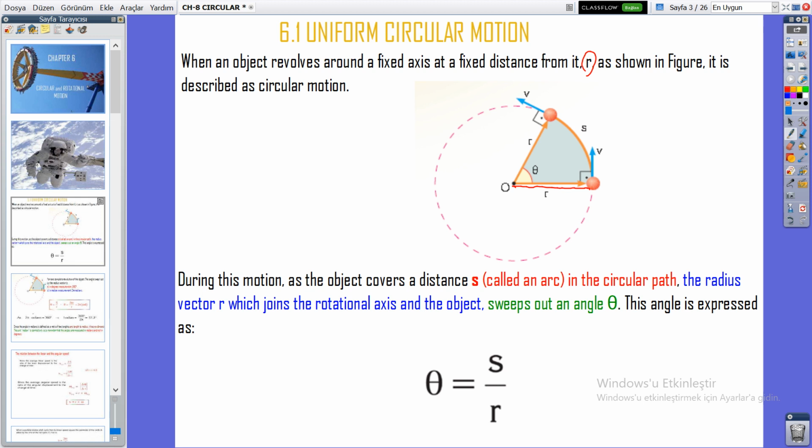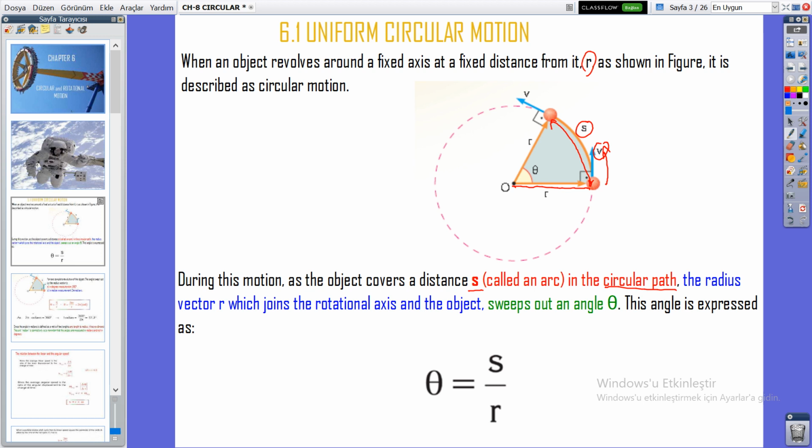It is shown in the figure, and when the object is moving, it has one speed. Between the 2 points it takes one path, which we show as S. During this motion, as the object covers a distance, S is called the arc in the circular path.